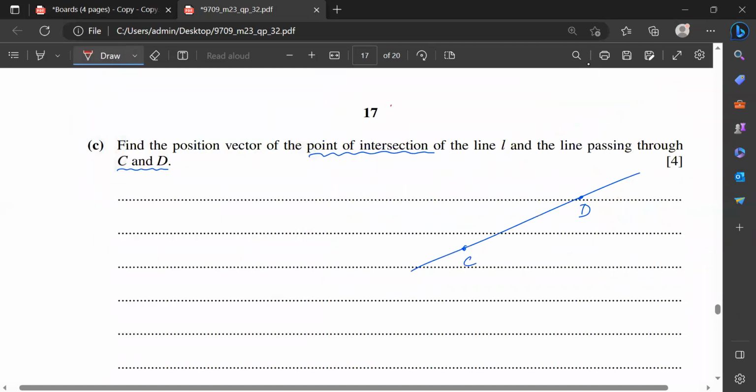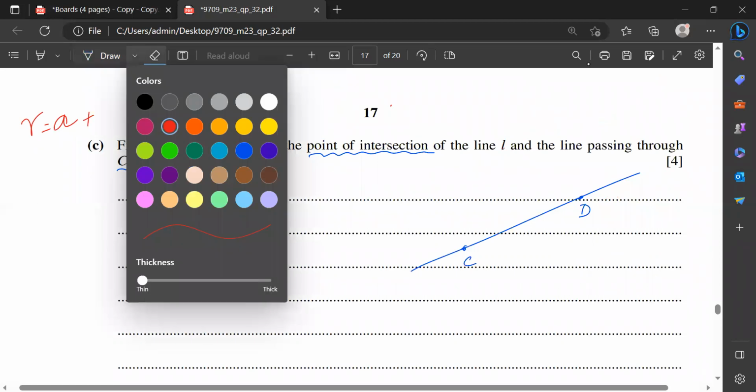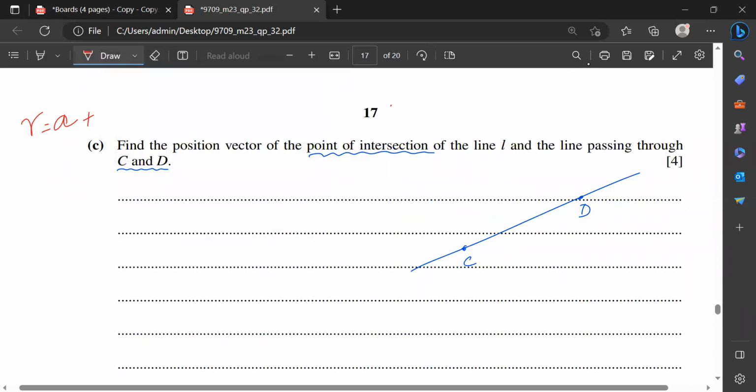One important thing you must keep in mind: I'm writing for reference r = a + ... Normally we write a + tb as the standard formula, but as this is the second equation of line in the same question, don't use the same parameter; use r = a + sb. a is the position vector of any point, and b is the direction vector, but here the parameter is different. It must be different for the same question.